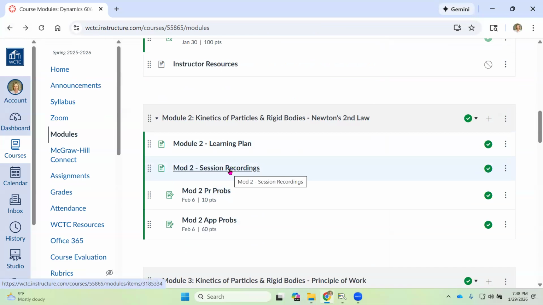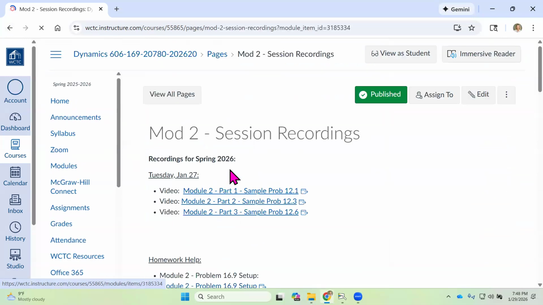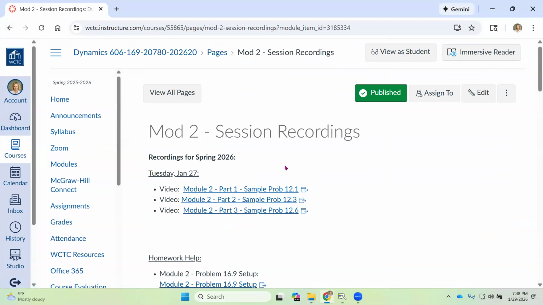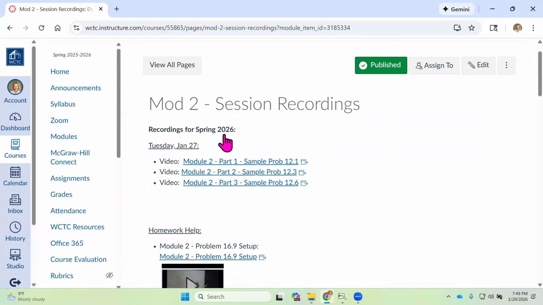If we look in our session recordings, the last time that I did this course, so right now for the recordings for spring 2026, you'll notice that we have the chapter 12 sample problems.